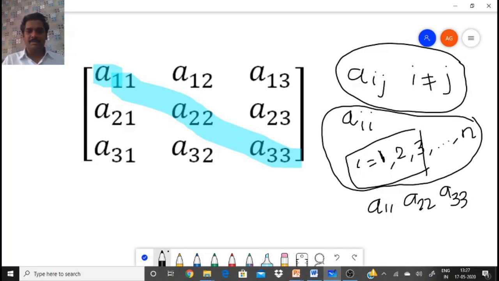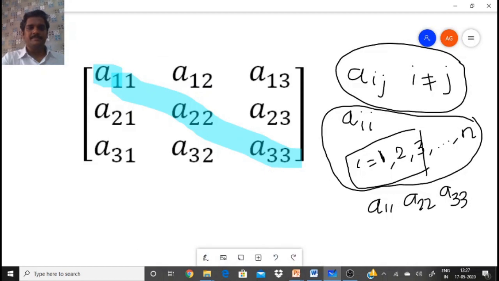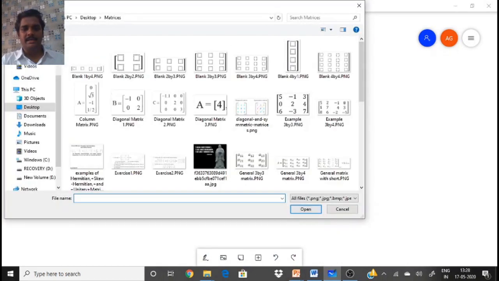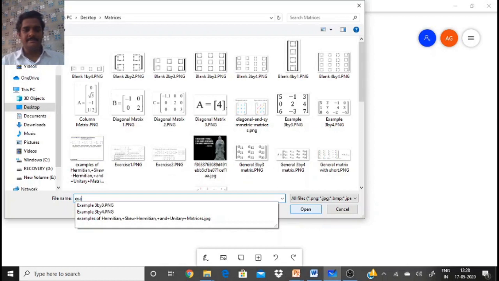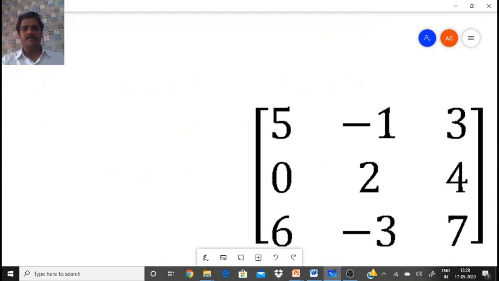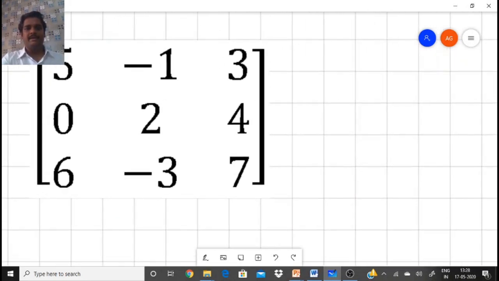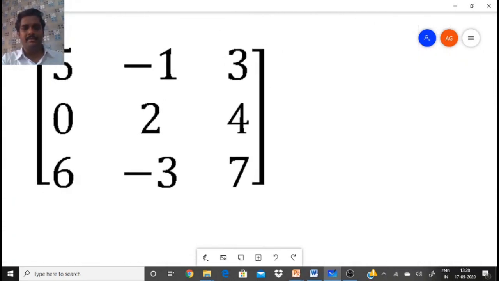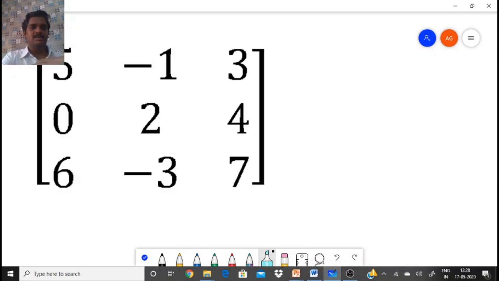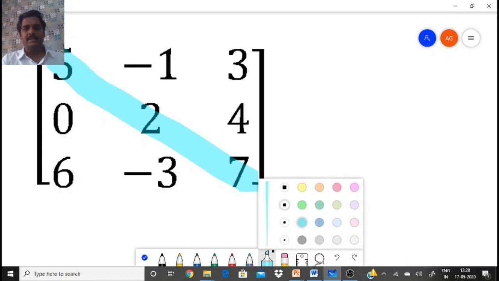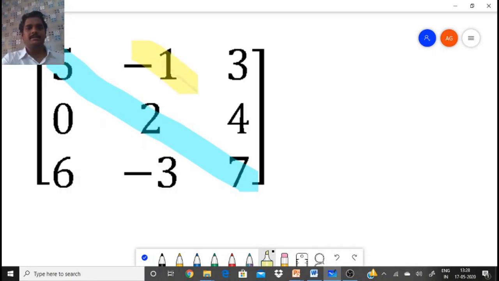Okay, let's take one particular example. So I'll take a square matrix of order 3. Here we have an example of a square matrix of order 3. And we can talk about diagonal and non-diagonal entries in this matrix. These are nothing but the diagonal entries and the remaining are nothing but the non-diagonal entries.